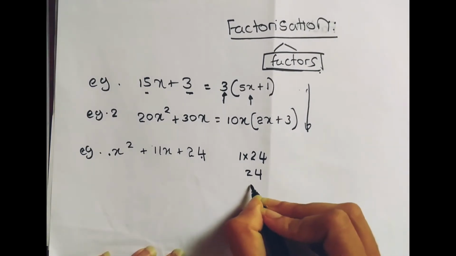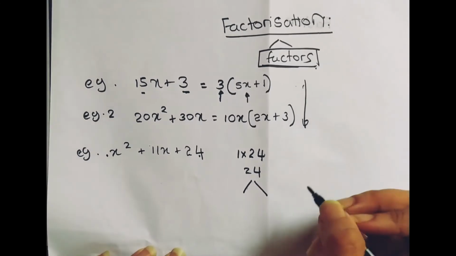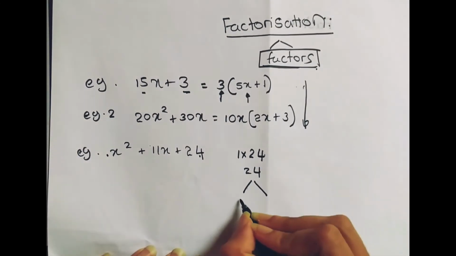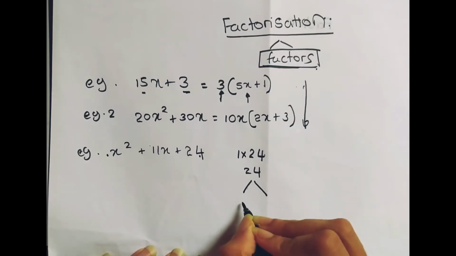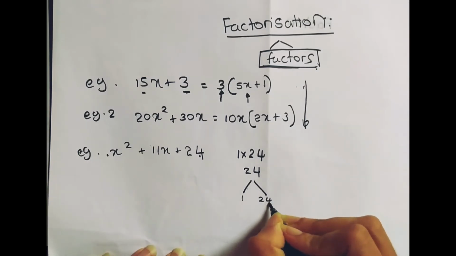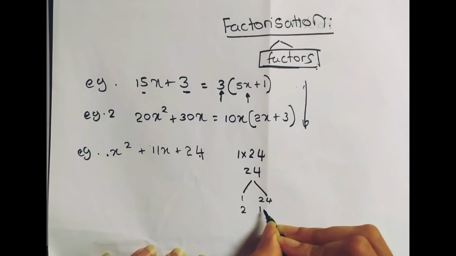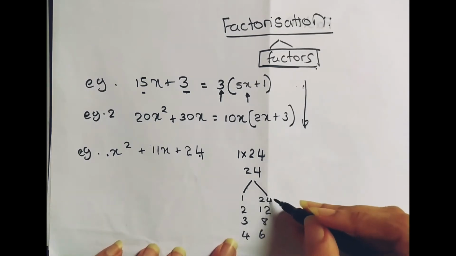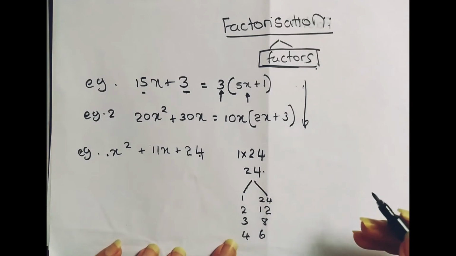And we are going to check what the factors of this 24 are. So 1 into 24, 2 into 12, 3 into 8, 4 into 6. These are the factors of 24.